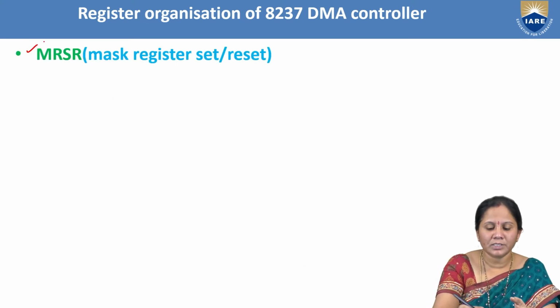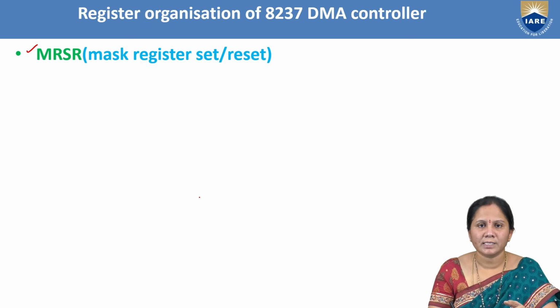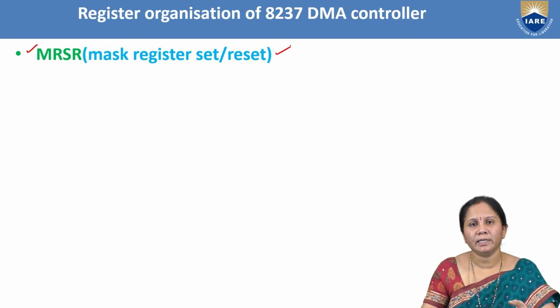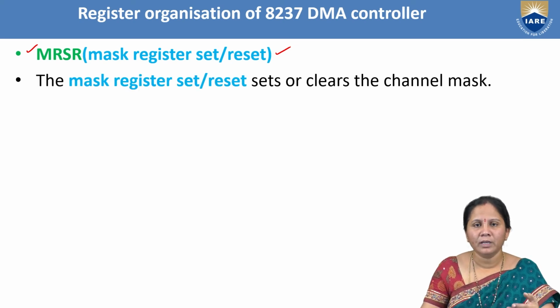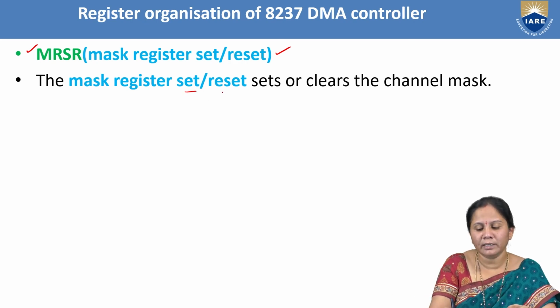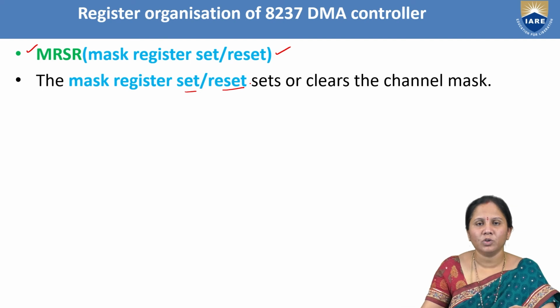And the next register is MRSR. So this MRSR register stands for mask register, set and reset. So by using this register only, we can make any of the channel masking or unmasking. So if any bit is masked, that particular request will be ignored.